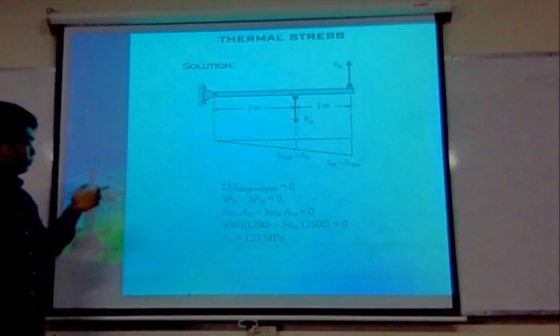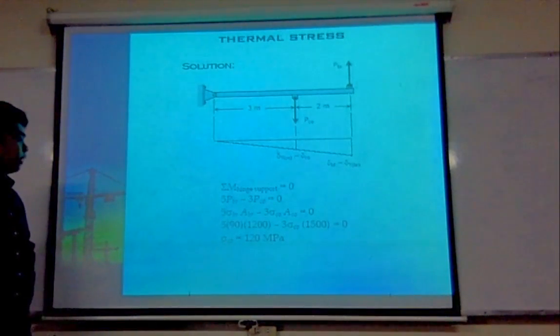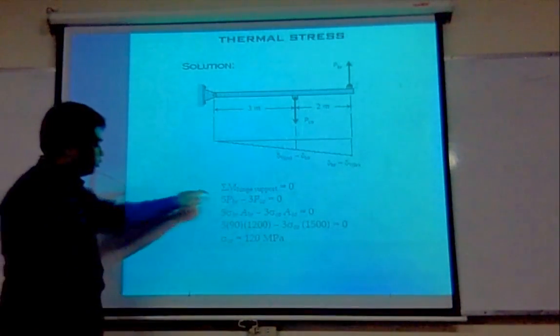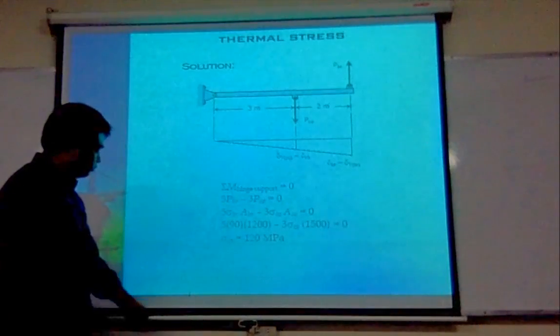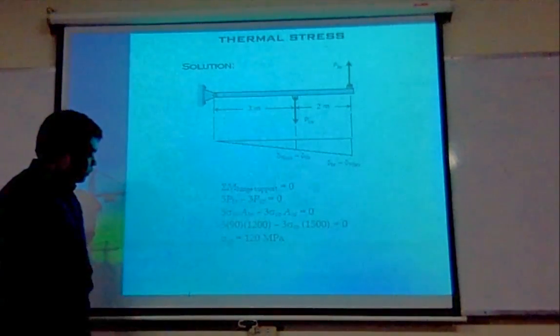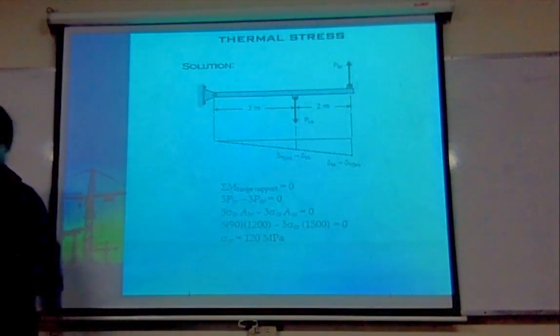We know that the force is equal to the stress multiplied by area. So we substitute that into the equation, getting the value of stress in copper, which is 120 megapascals.